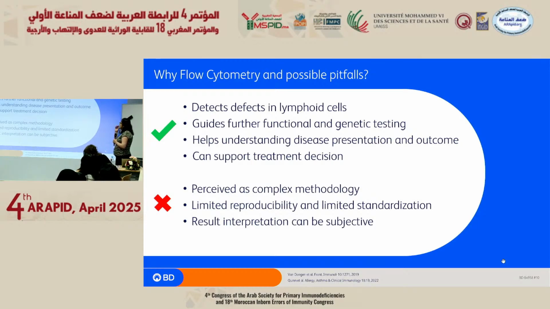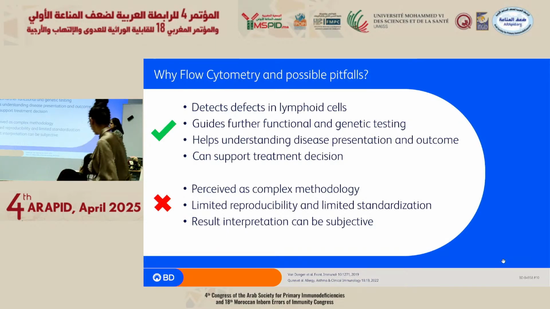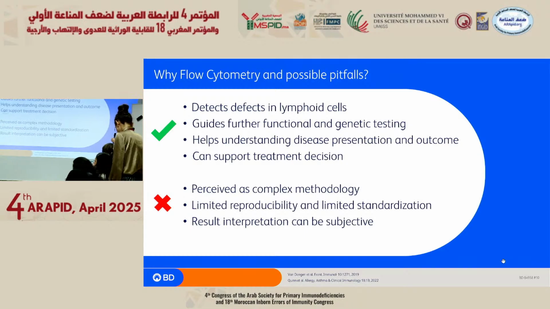So why is flow cytometry important in the diagnosis of PID? As said, with flow cytometry we can detect the defects in the lymphoid cells, and as I showed you before, around 70% of all PID are affected in the lymphoid cells. It can guide further functional and genetic testing.